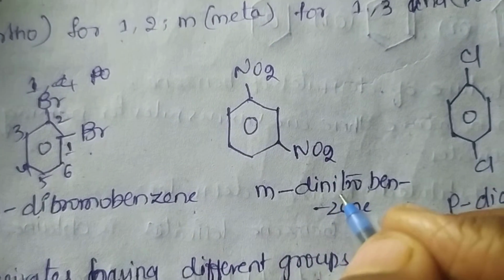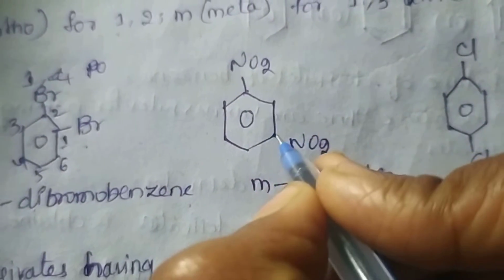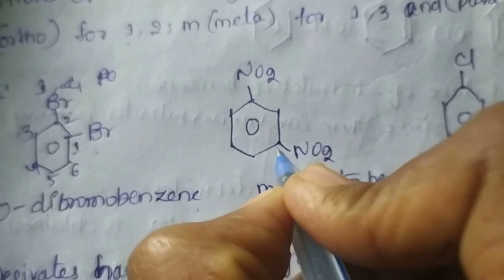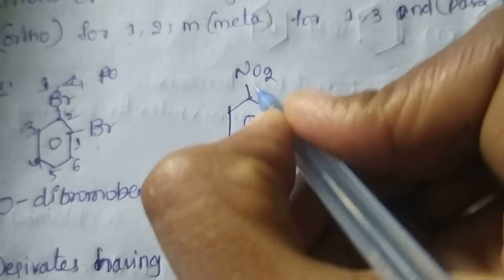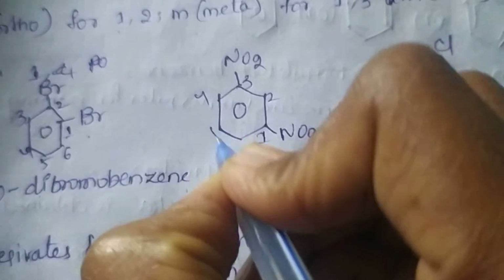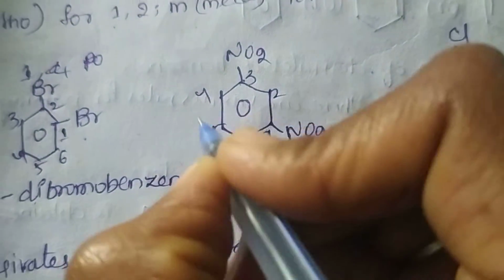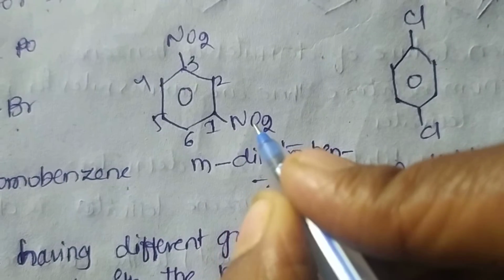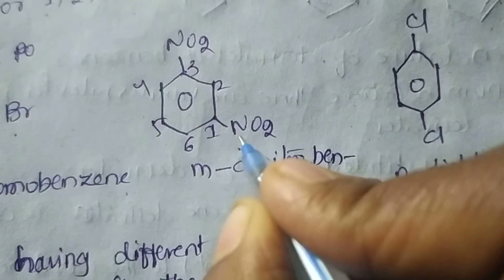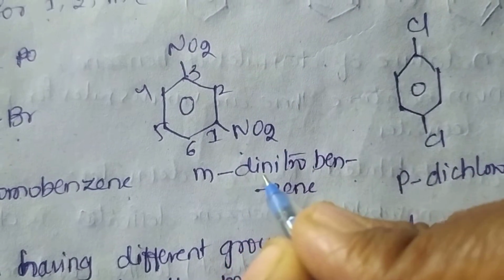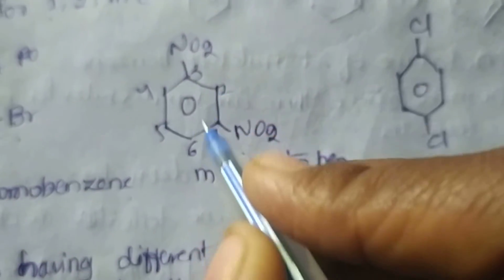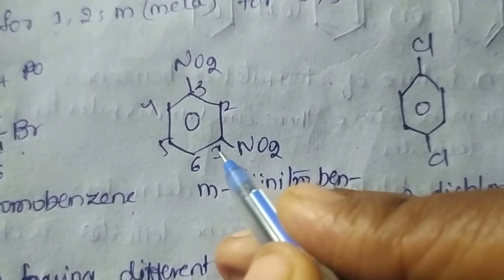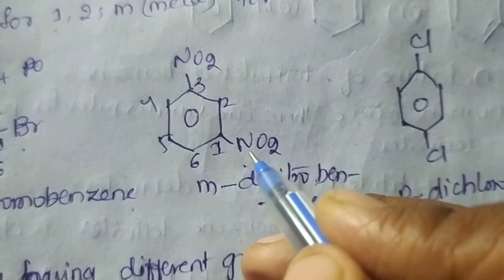And next here, we consider the nitrogen. So see here, in the meta position there is a nitro group, and in the para position also, the numbering is given to the lowest number to the meta position.